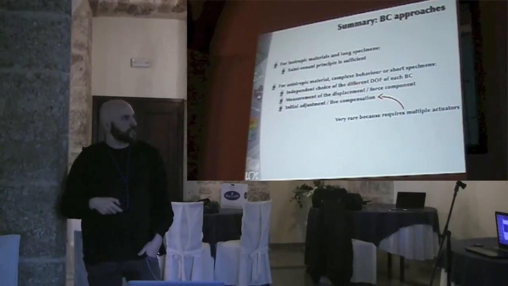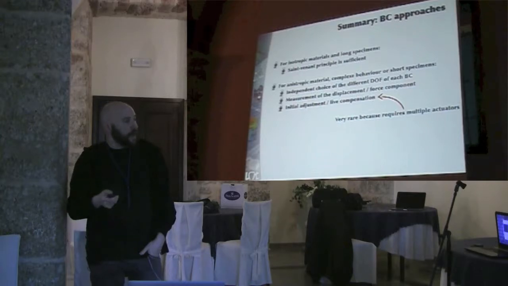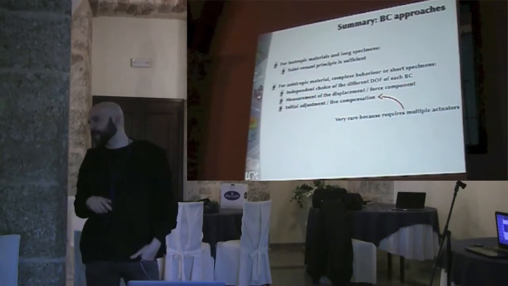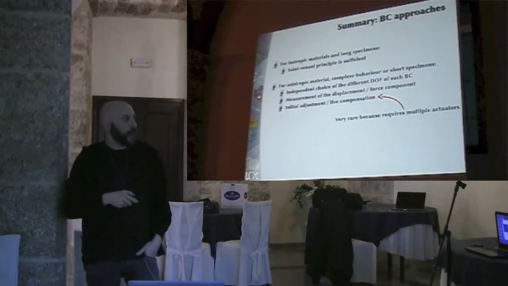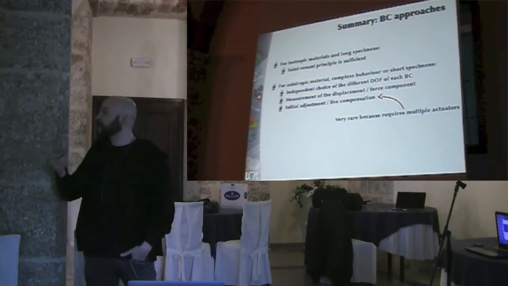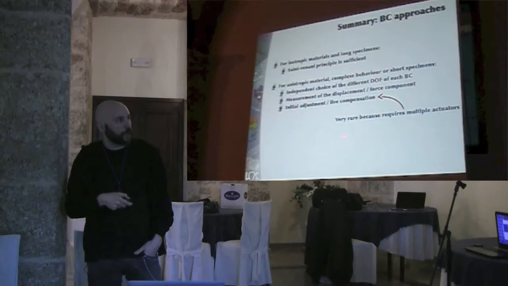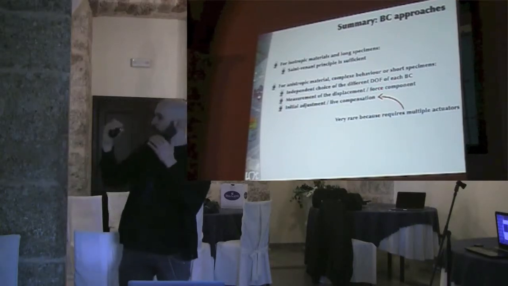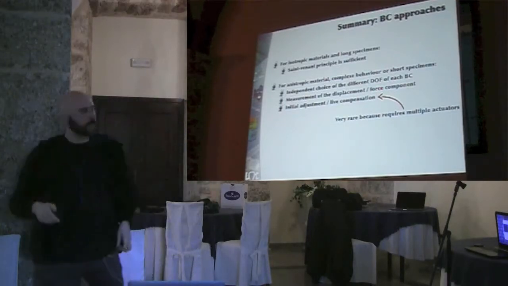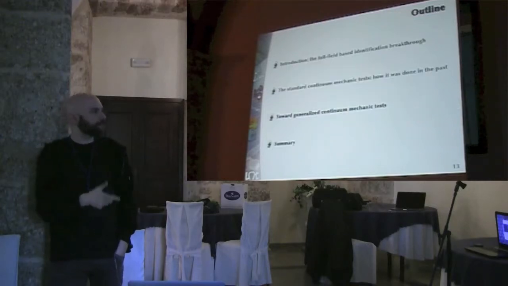You can measure the displacement or the force components, and finally you can even adjust your boundary condition at the beginning of your test, or even have a sort of live compensation. But this is very rare because you will need several actuators that will compensate during the test. So it's a very high price.